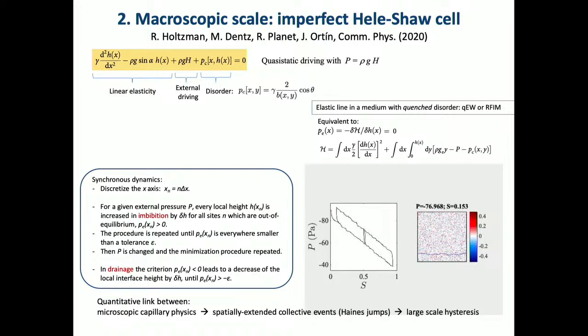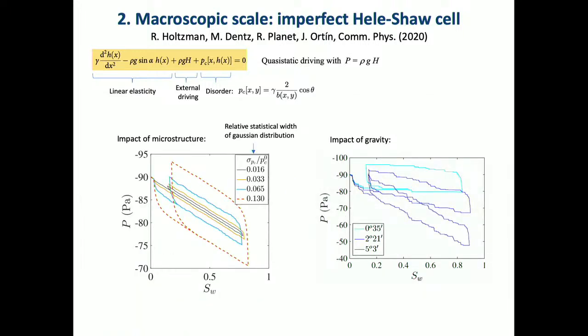So if you look at the configurations, you will see that they are identical. So now we have an interesting link between microscopic capillary physics, spatially extended collective events, Haines jumps, which are the abrupt jumps that you see in the fluid displacements, and large-scale hysteresis as represented by this plot here.